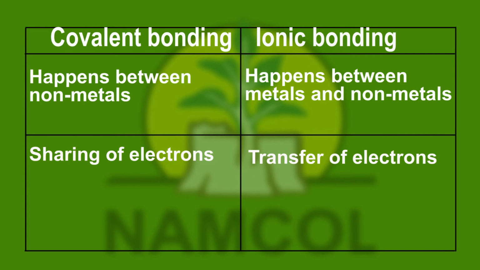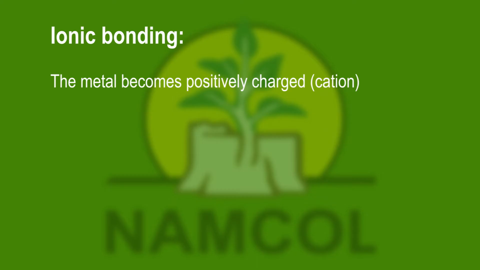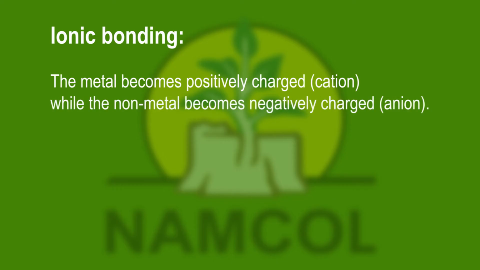In ionic bonding, electrons are transferred from a metal to a nonmetal. The metal becomes positively charged. It's called a cation, while the nonmetal becomes negatively charged, called an anion.